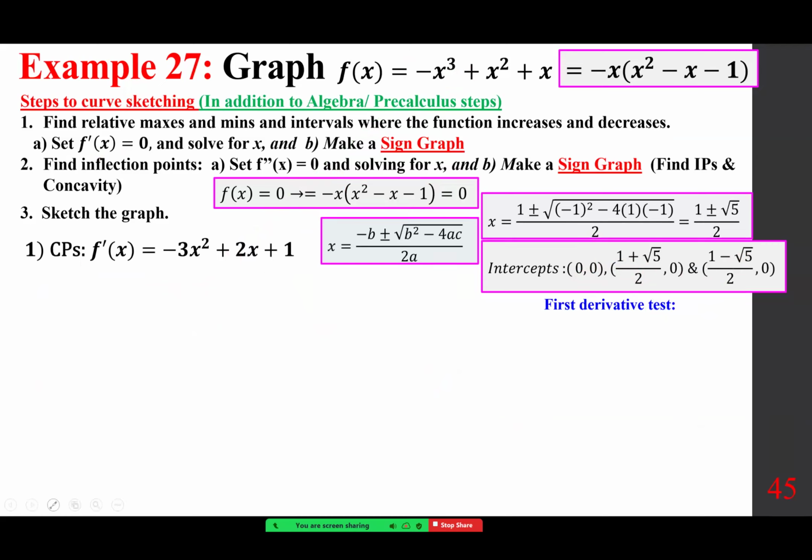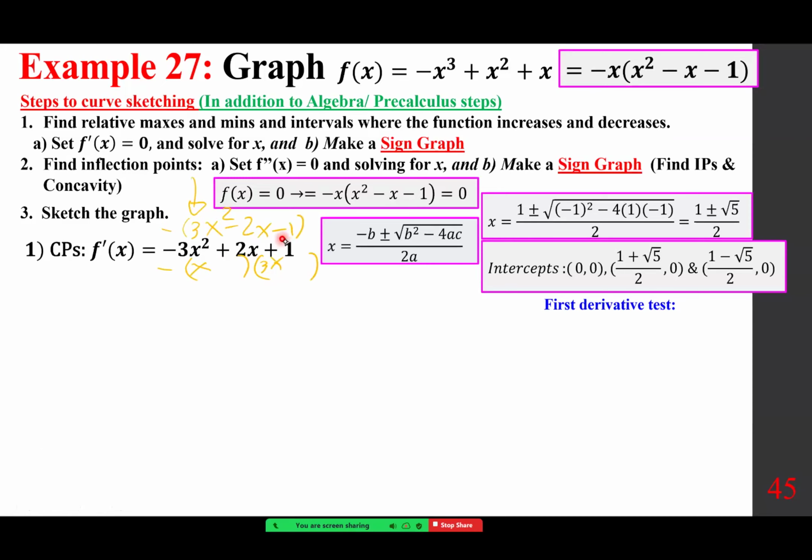That means I'm going to first factor out a negative sign, so it makes it easier to factor. We have no choice but to go with x and 3x because 3 is a prime number. So that makes it easy.